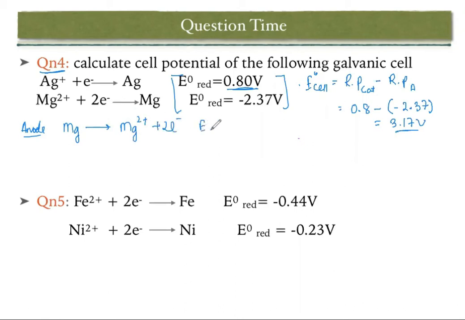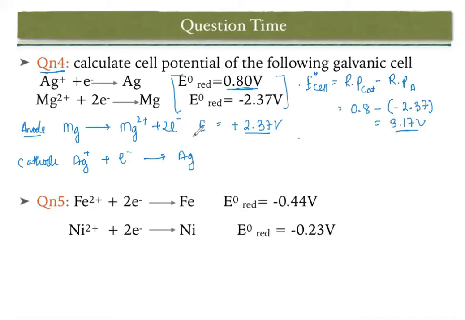Okay, and this E naught will be positive 2.37 volt, because we have changed the reaction. Cathode will be the same as above, that is Ag plus plus 1 electron gives Ag.